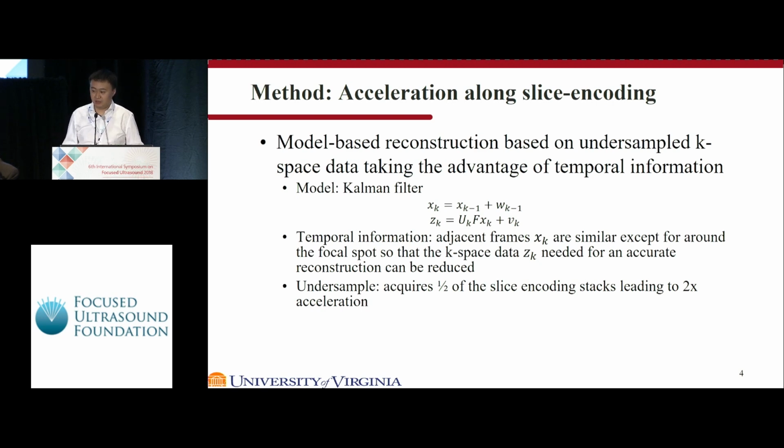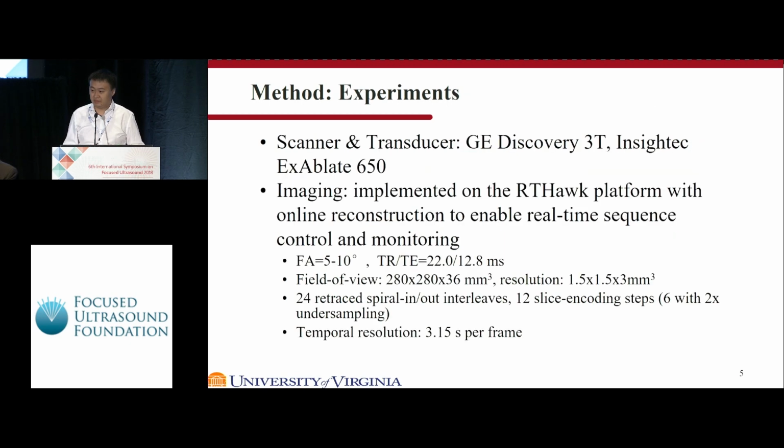There are many models for this reconstruction method, and one model we use here is the Kalman filter. The first equation shows the evolution of images, and the second is the acquisition matrix. The temporal information we rely on is that adjacent frames are similar except around the focal spot, so the k-space data needed for accurate reconstruction can be reduced. Here we acquire half of the slice encoding, leading to 2-times acceleration.